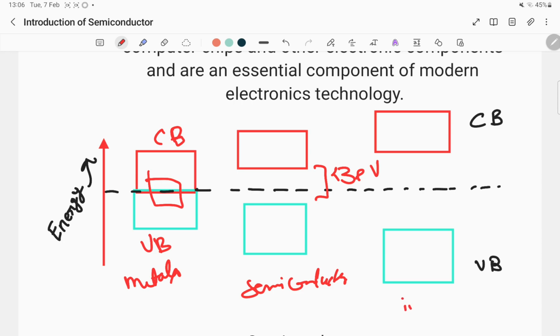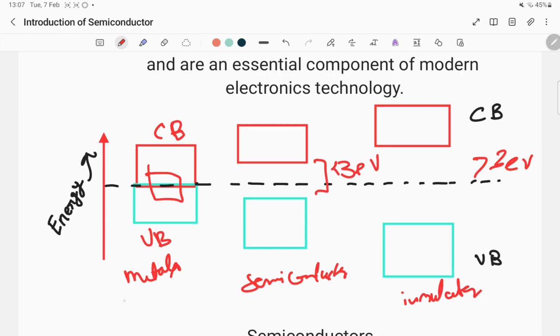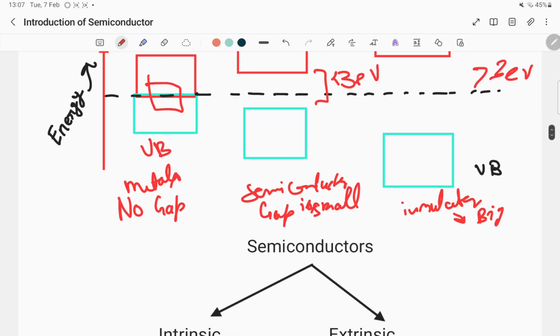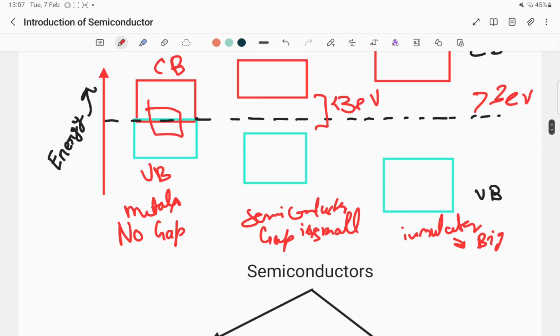In the case of an insulator, it is higher than 3 electron volt. So in metal there is no gap, in semiconductor the gap is small, and in insulator it is big. So we can understand with the energy band graph how the conductivity varies.